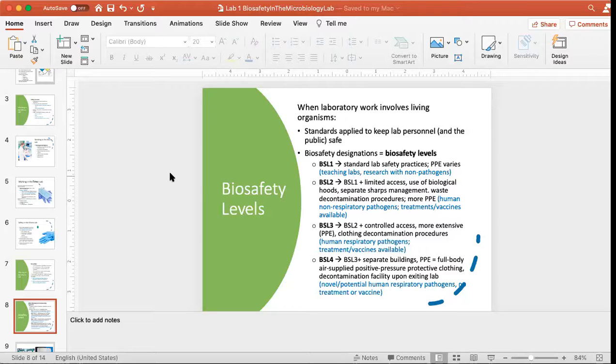The last thing I'll talk about is this idea of biosafety level. Some of you may have heard this language before, and for some of you, it will be brand new. Whenever laboratories work with living organisms, so here I'm talking about microbial organisms, and I'm also talking about other kinds of organisms.